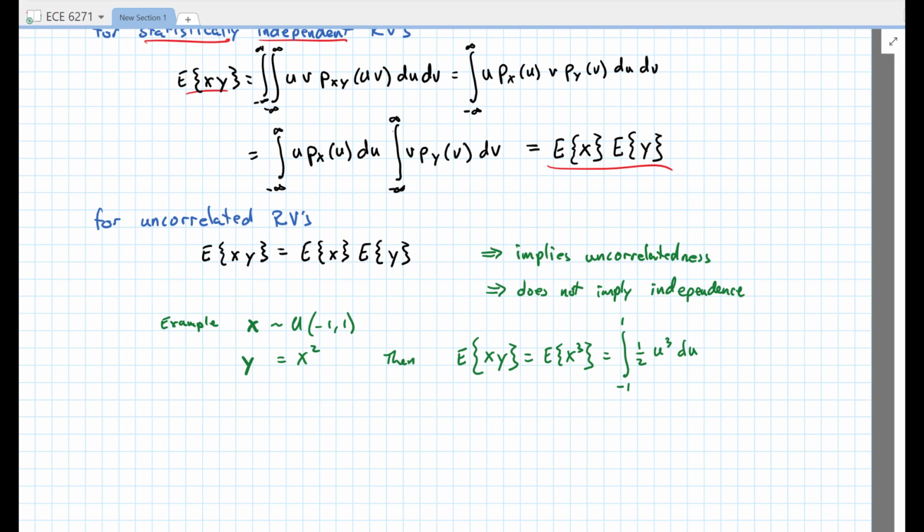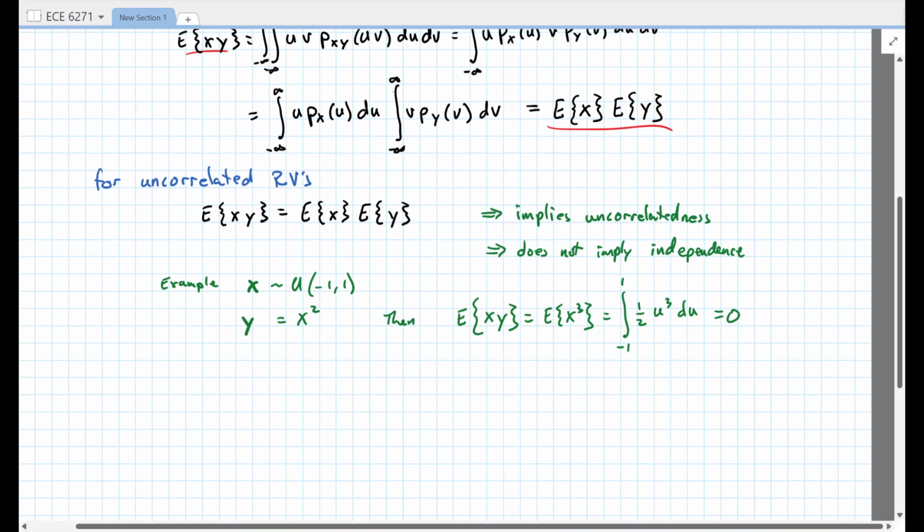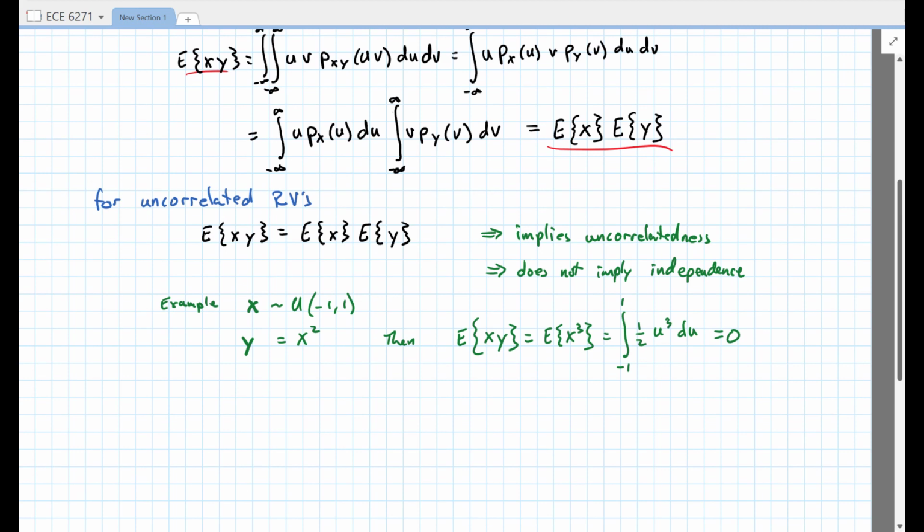Well, that's an odd function over an even interval, so that's going to be 0. Note that this has expected value of x equal to 0, and the expected value of y is something non-zero.